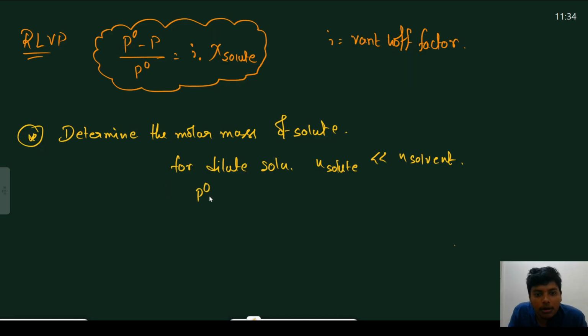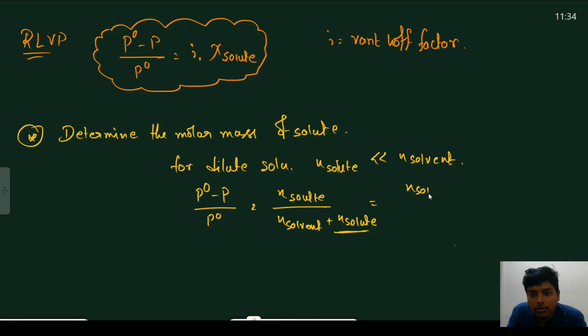So can I write P naught minus P by P naught as n of solute divided by n of solvent plus n of solute? Because the number of solute is very low, we can say this is equal to n of solute divided by n of solvent. Yes or no?